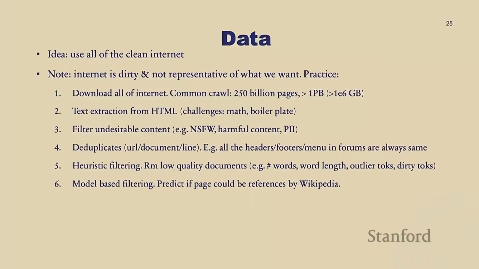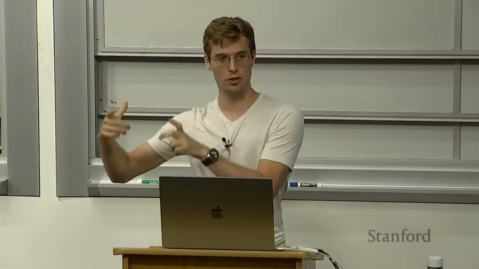Next step, model-based filtering. Once you filtered a lot of data, what you will do, and that's actually a very cute trick, is take all of Wikipedia and look at all the links that are linked through Wikipedia pages. Because if something is referenced by Wikipedia, it's probably some high-quality website. And you will train a classifier to predict whether a document comes from one of these references from Wikipedia, or whether it's from the random web.